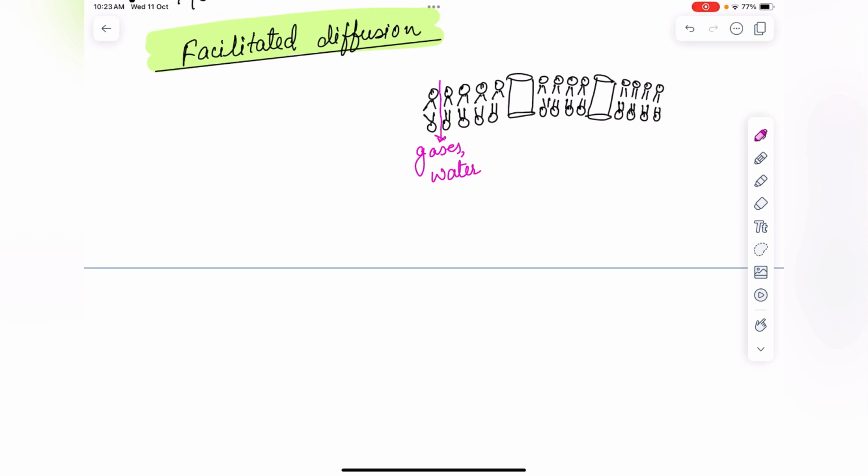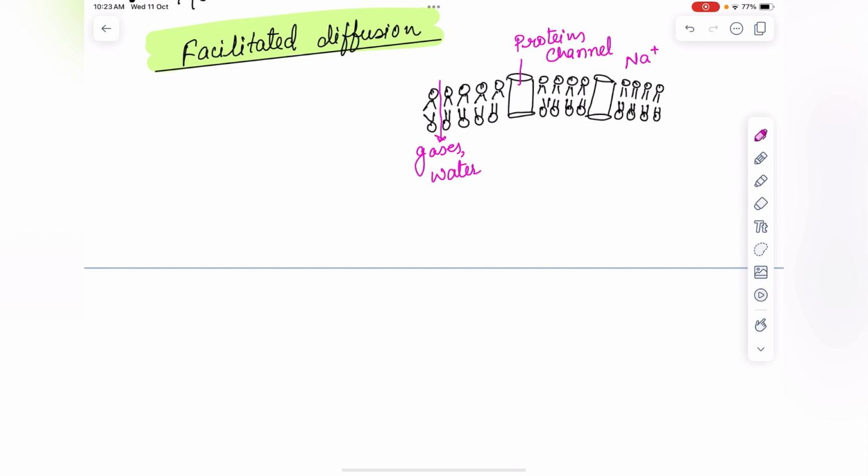And so to enter into the cell, it needs some channels through which these things can pass, and this is called facilitated diffusion. Across the membrane, for water soluble substances like sodium, glucose, potassium, these channels are made up of proteins.